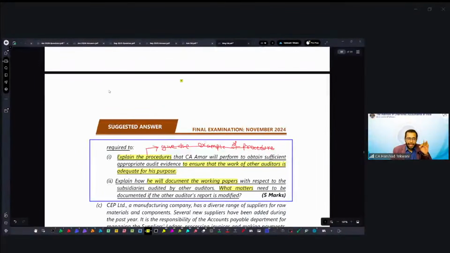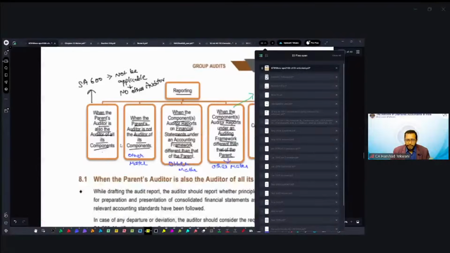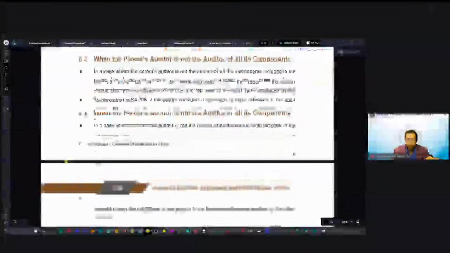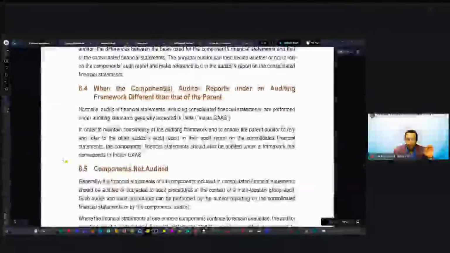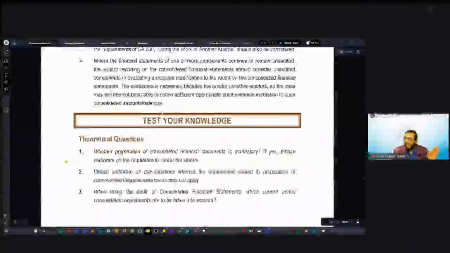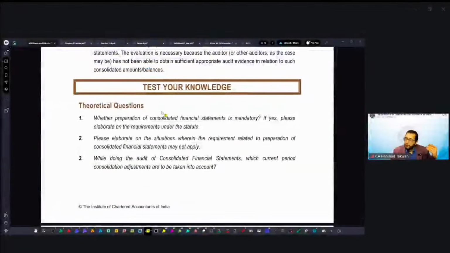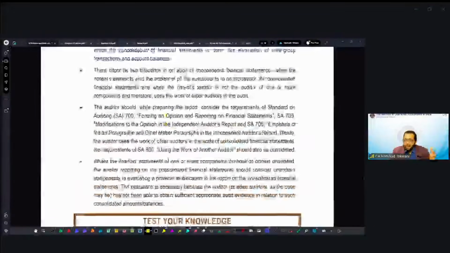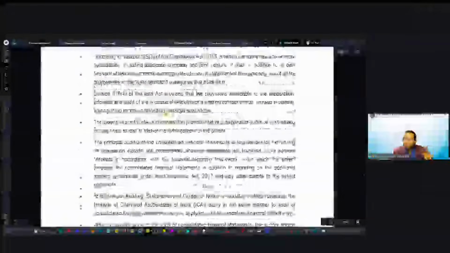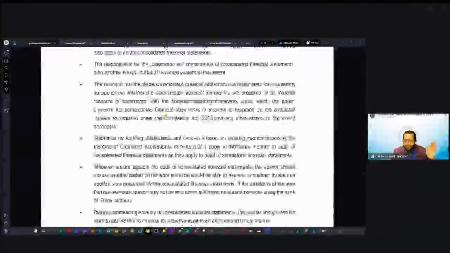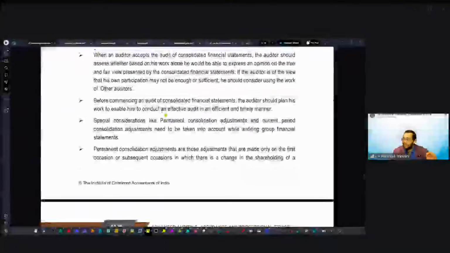Any doubt? So that was your chapter number 13. We have discussed this reporting part also, and we have solved some questions, and you have a good number of questions given in Test Your Knowledge. Please practice these, because we have discussed everything in detail with practical examples, and whatever we have discussed requires your reading.